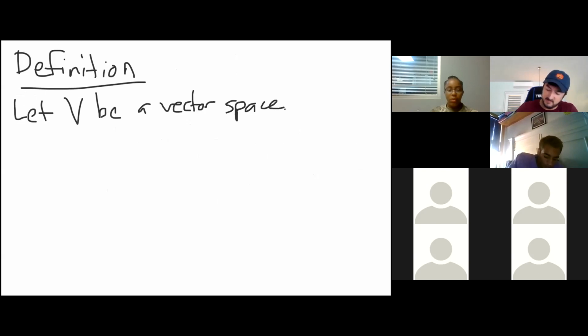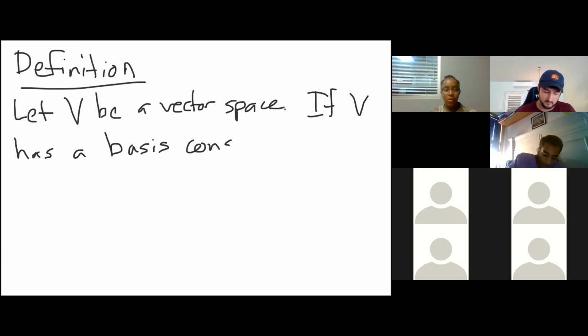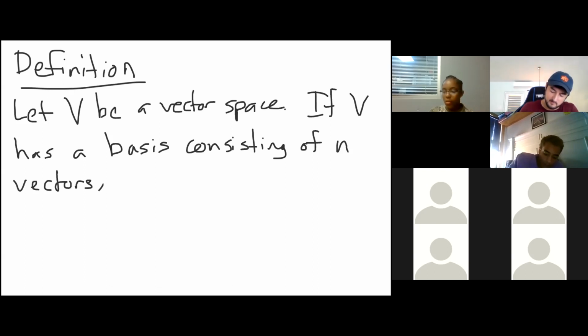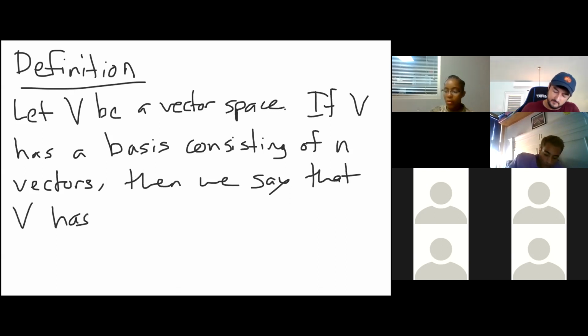If V has a basis consisting of n vectors, then we say that the vector space V has dimension n.